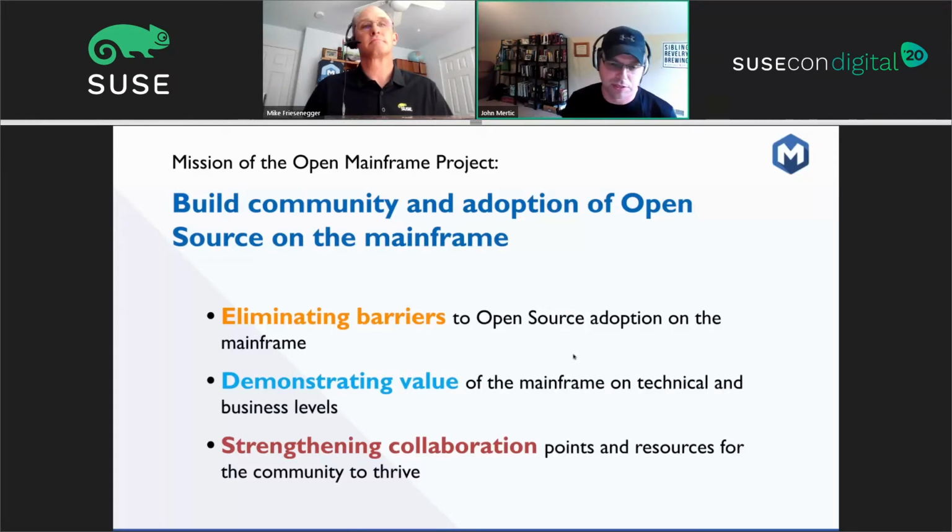And third, which is really the thing that sets up all the rest, is strengthening the collaboration points. That's what an open source foundation is here to do: create collaboration spaces that are independent of vendors, locales, and backgrounds, to help a thriving community. And that's something we've started to see quite a bit.